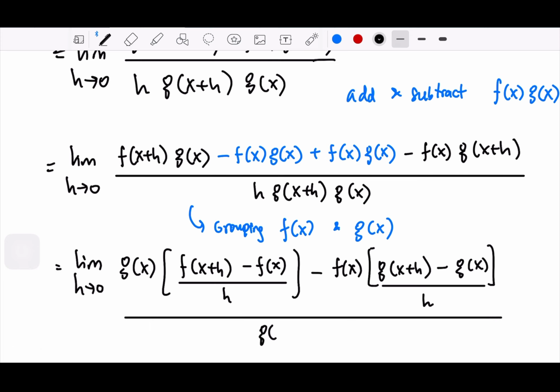And then this will be g of x plus h and g of x. Okay. So I move out the h to here. And if you look closely, we know that this will be f prime, right? This will be f prime. This will be g prime. Okay.